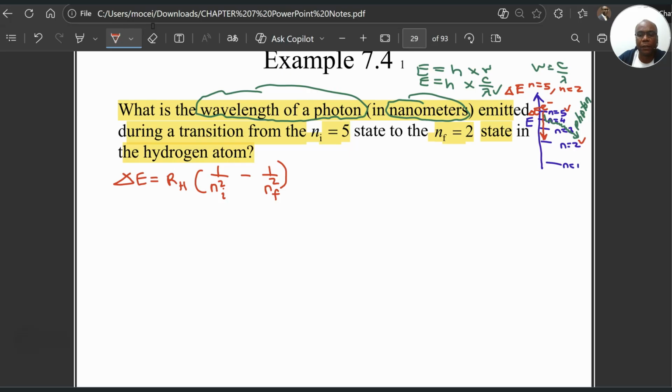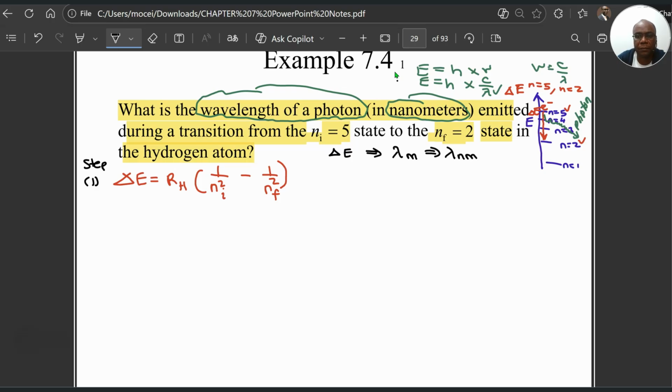So this is the formula, and that's going to be our step number 1 to find delta E. Once we find delta E, we should be able to find the desired wavelength. The desired wavelength is most likely going to be in meters, and we'll convert it to nanometers.